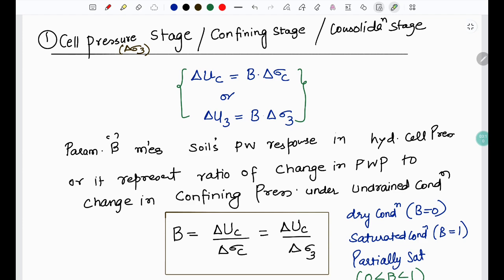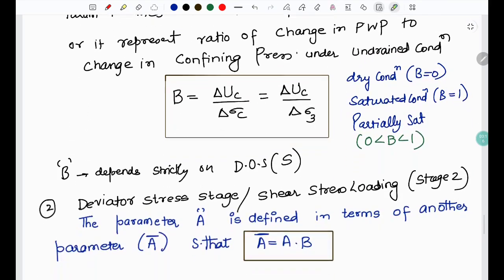So in a way we can say that parameter B is dependent on the degree of saturation. As you can see, B depends strictly on the degree of saturation.